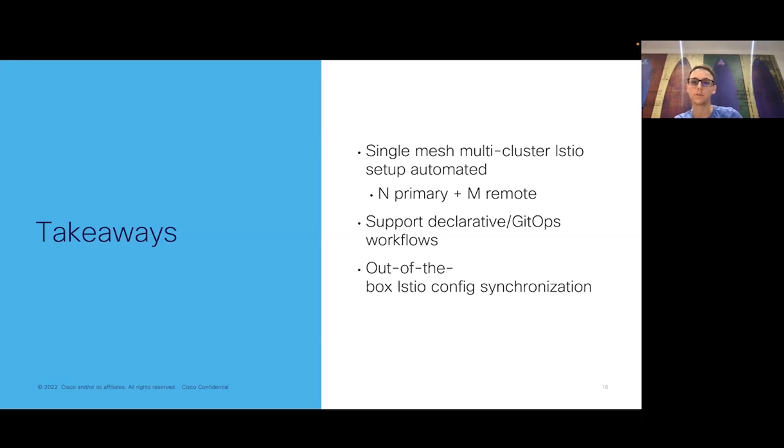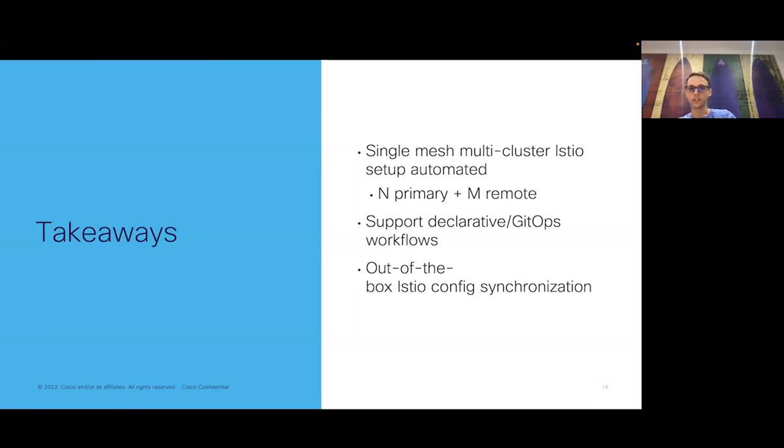Another great thing about the operator pattern is that it supports very well the declarative and GitOps workflows. So you basically install the operators to your cluster, push these CRs, Istio control plane CRs, and based on that, you get pretty easily all this setup created for yourself. And lastly, I mentioned this Istio config synchronization.